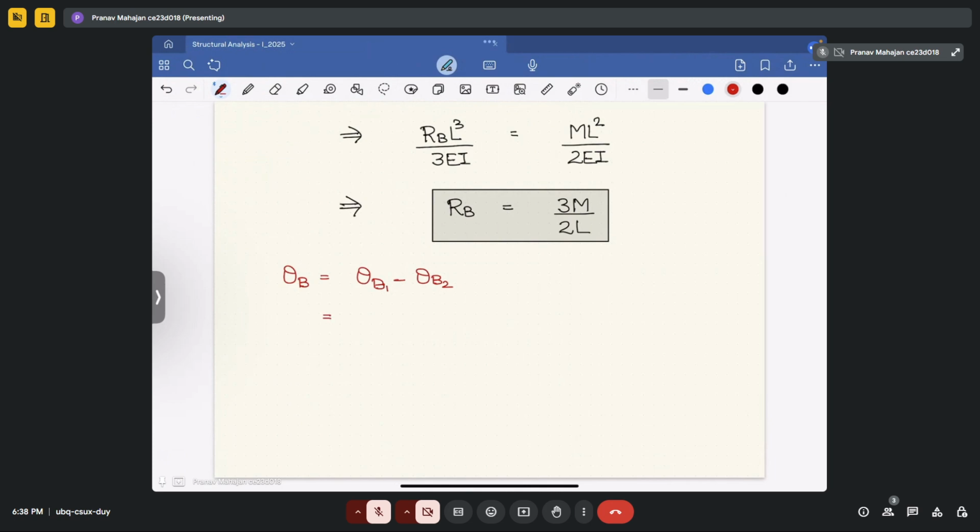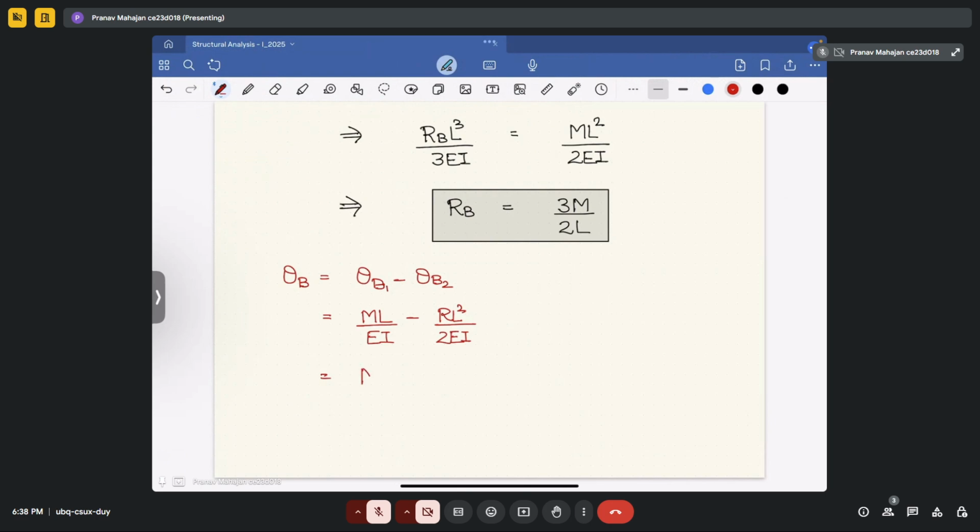Okay, and it will be equal to, your theta B1 is ML upon EI minus RB L square divided by 2EI. Now substitute the value of RB in this case.